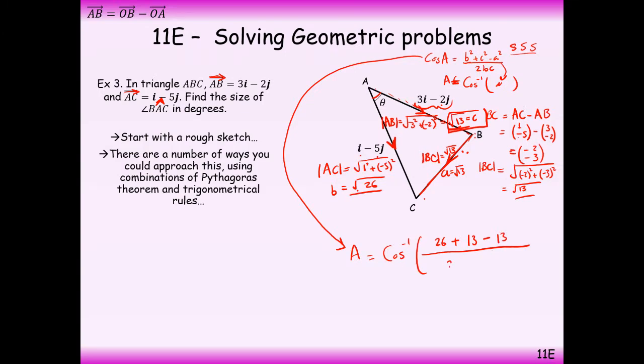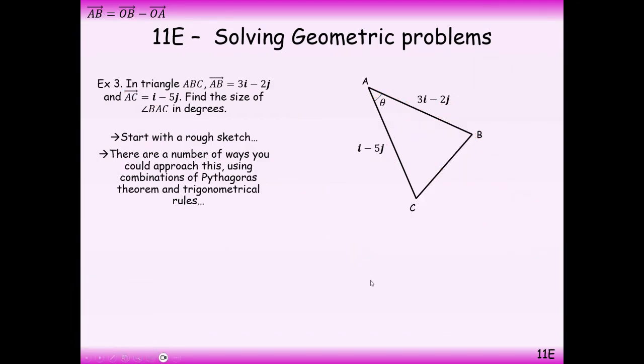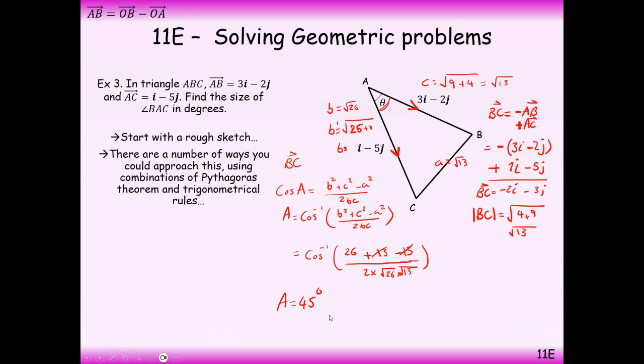And we're going to divide by 2 lots of root 26 times root 13. Don't forget the root here because here we have b and c, not b squared and c squared. So these two 13s cancel away. You put that on your calculator, and I'm just going to tell you what the answer is. You're going to get A is 45 degrees.